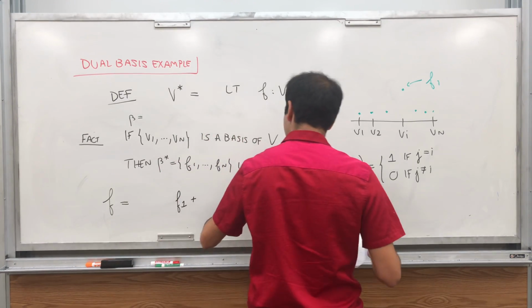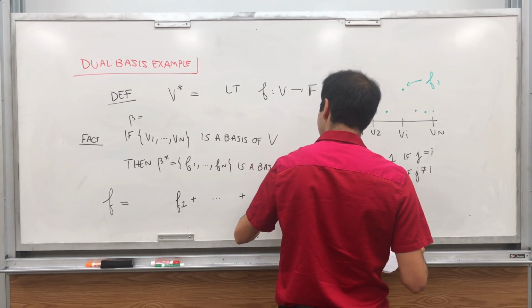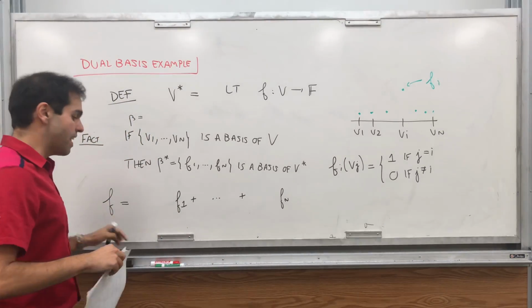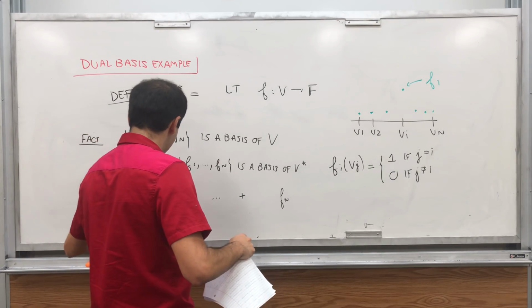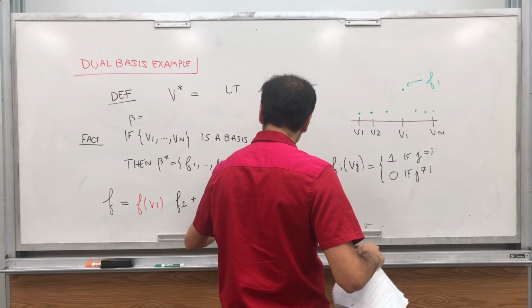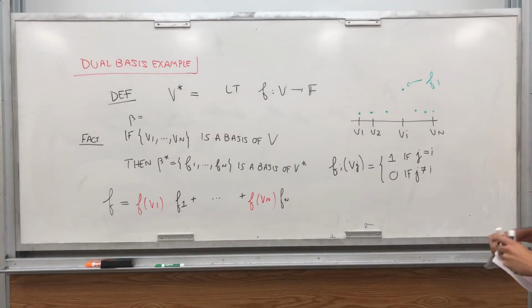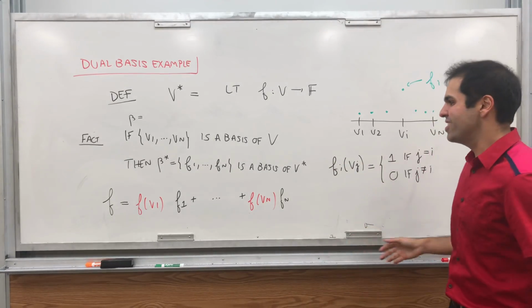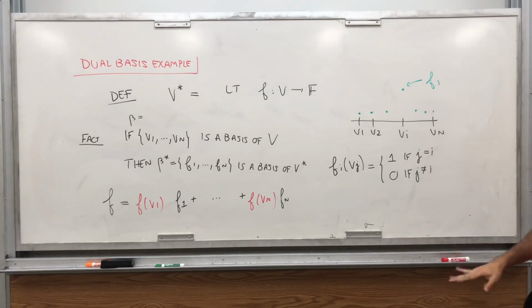Because it's a basis, we know it's something times f1 plus something times fn, and to get the coefficients, you just evaluate f at the basis vectors. This is really, really cool, and at some point I'll give an application of this in applied math, because it turns out you can rederive the Lagrange interpolation formula from that. All right, that's all you need to know from that video.